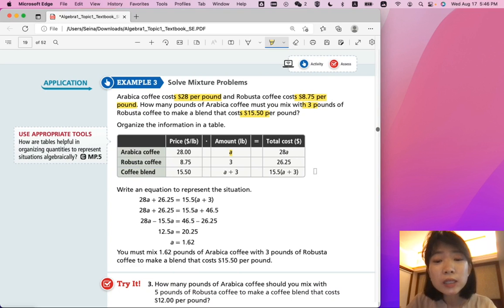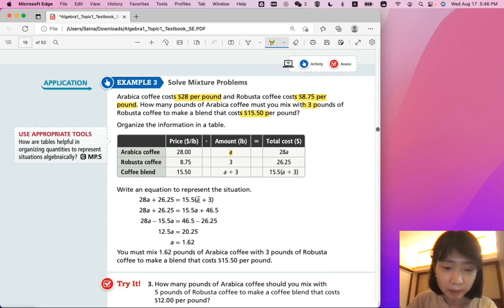So you can use these to write an equation to represent the situation. The total cost of Arabica coffee plus the total cost of Robusta coffee should equal the total cost of the coffee blend for that amount of pounds. So 15.5 times A plus 3 is equal to 28A plus 26.25 should be your equation. And solving for A is 1.62, so now you know that you need to mix 1.62 pounds of Arabica coffee with 3 pounds of Robusta coffee to make a blend that costs $15.5 per pound.